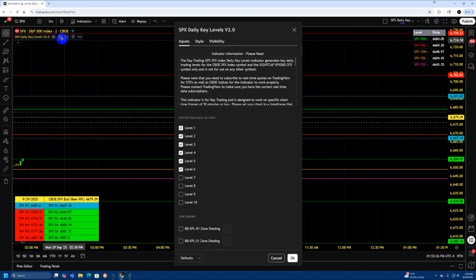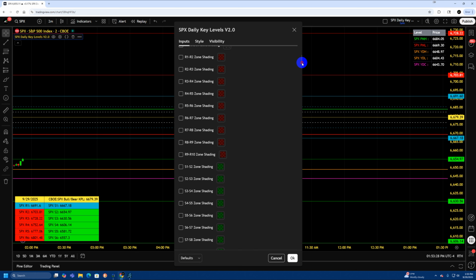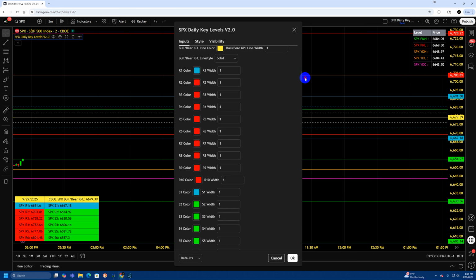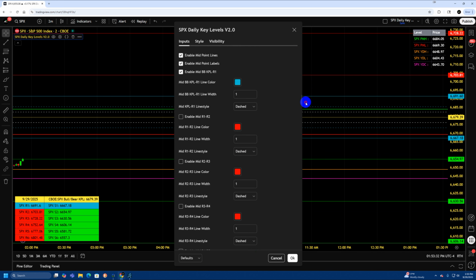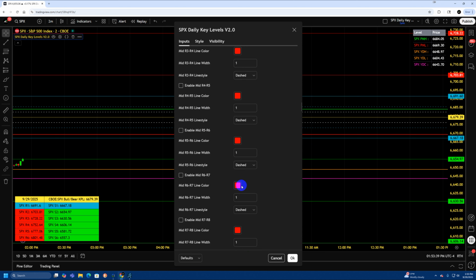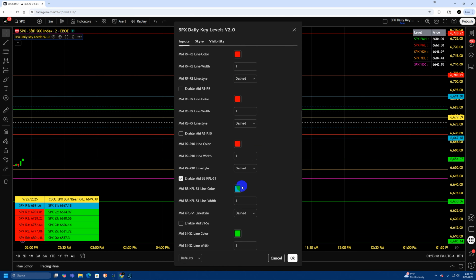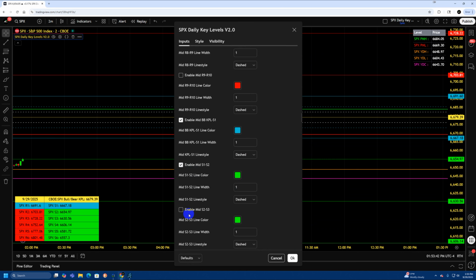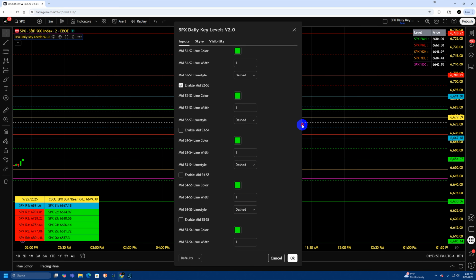So you simply go into the user control panel, and first we'll turn on the midpoint levels. We'll enable mid R1 R2, mid R2 R3, mid S1 S2, and mid S2 S3. And let's say we're also considering tight stop losses.